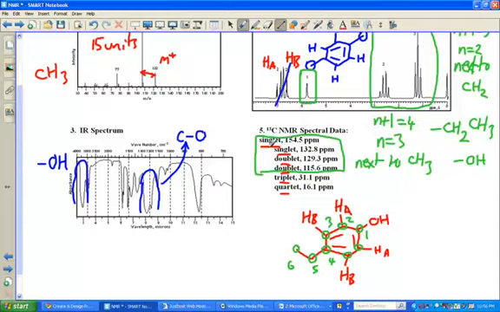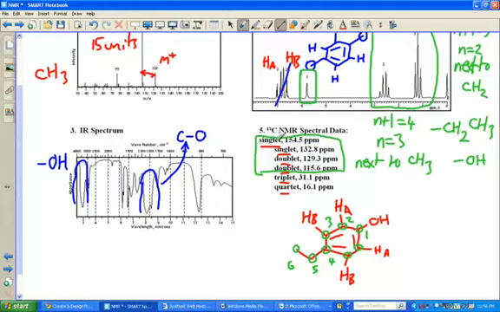When you have a singlet in a carbon NMR, that corresponds to a carbon that has no hydrogens on it, essentially N being 0. When you have a doublet, that implies a carbon with 1 hydrogen on it. A triplet implies a carbon with 2 hydrogens on it, and a quartet implies a carbon with 3. So therefore CH3, CH2, CH, CH, C, and C.